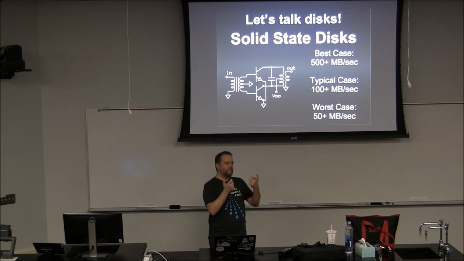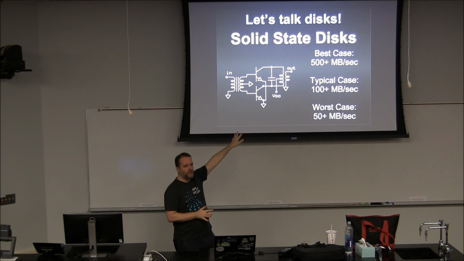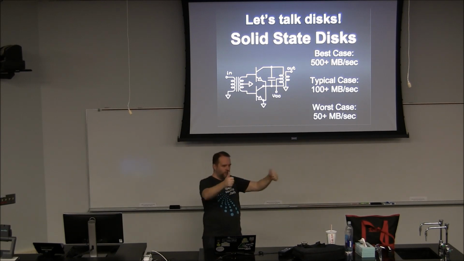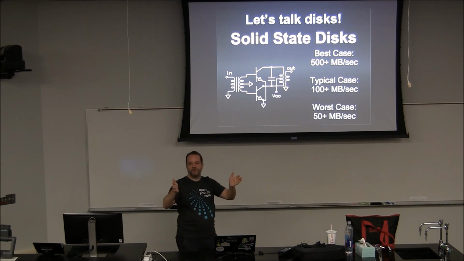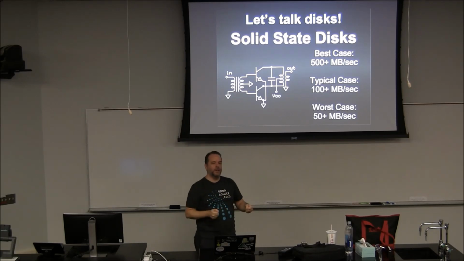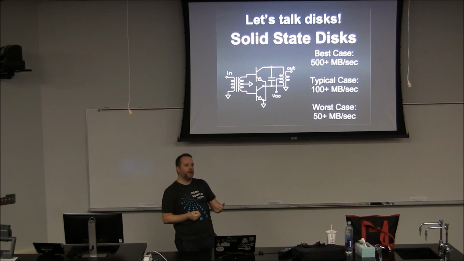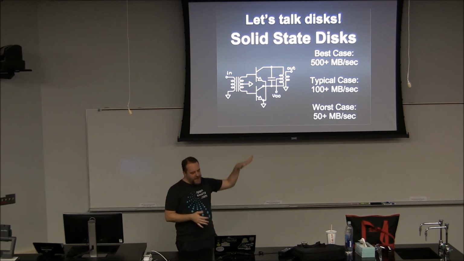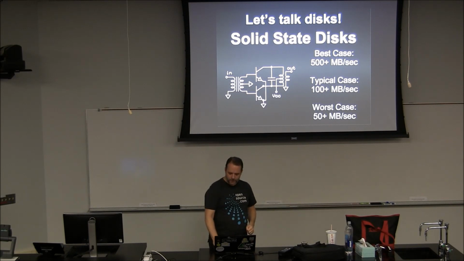You have multiple banks of NAND flash storage, and when you've got that super fast 500 megabytes a second or whatever, you're actually storing or retrieving your data evenly across all those banks of NAND flash. But if you need to get a whole bunch of it from one bank, or you're accessing the disk when a garbage collection routine is going on in the background, or all these kinds of things, that's when your storage speed can dip down.